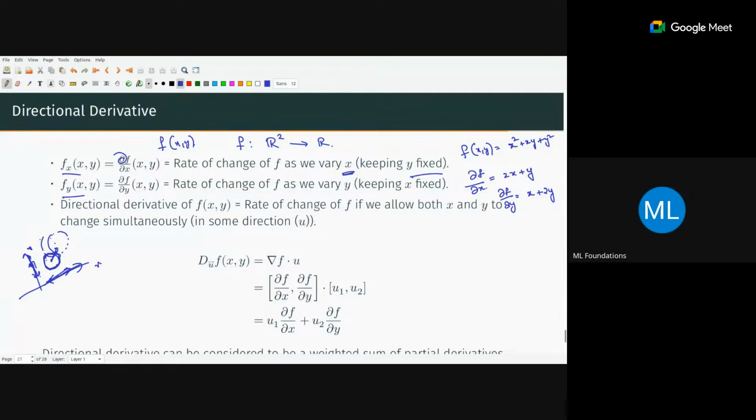You can't physically draw a vector in 10 dimensions and see how the vector is, but you can intuitively get some idea. This is how a 10-dimensional vector looks like: x1, x2, up to x10. So this is a 10-dimensional vector.